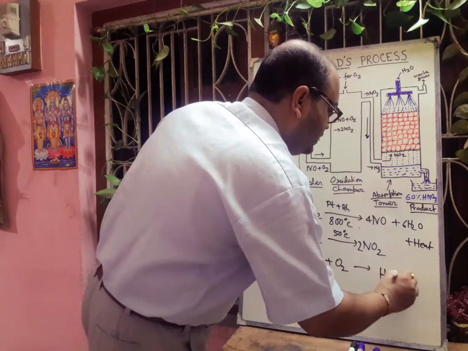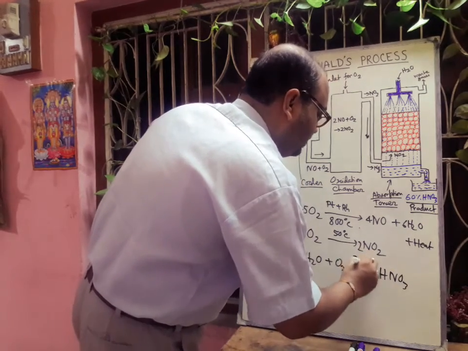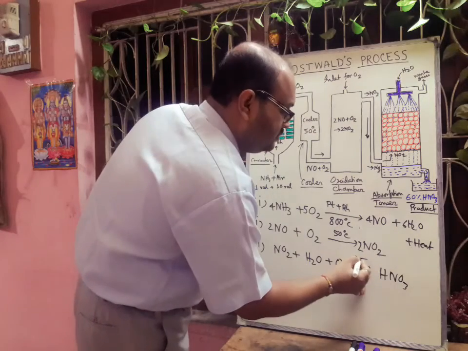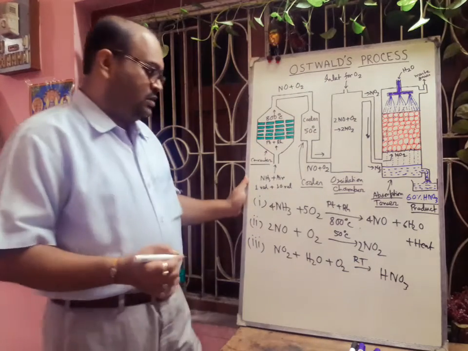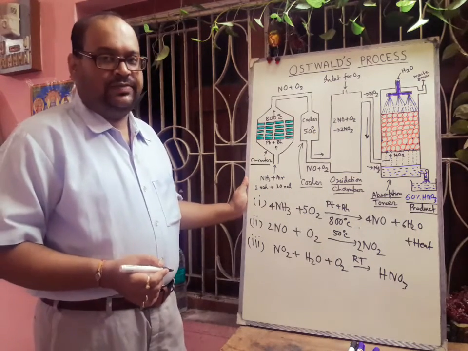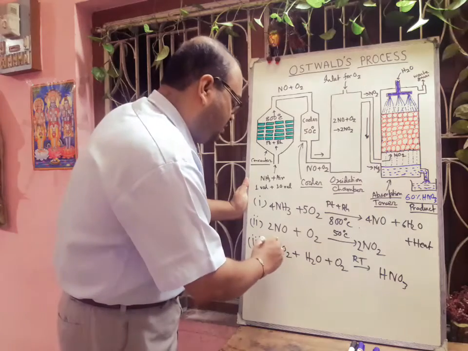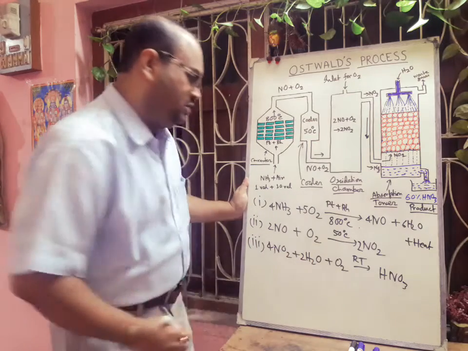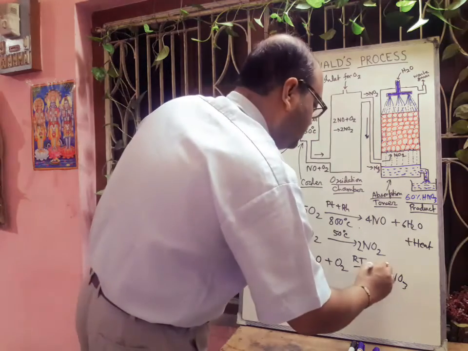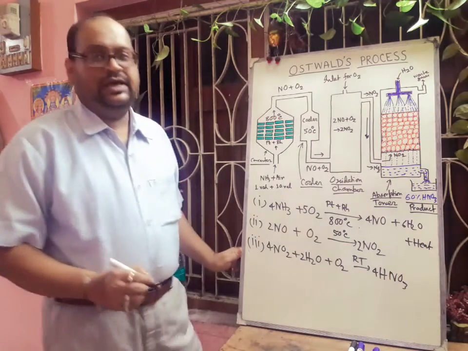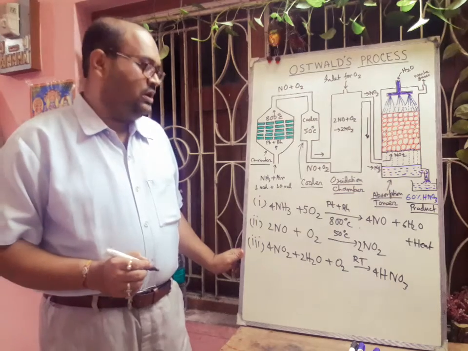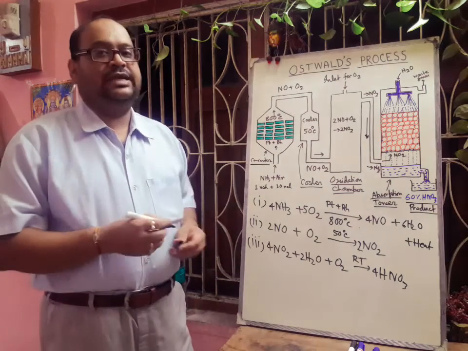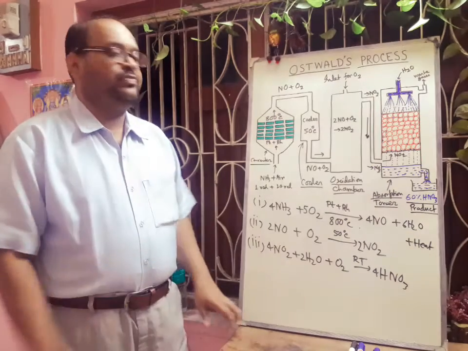This reaction is done at room temperature, around 25 degrees centigrade. If we balance this reaction, 4NO2 plus 2H2O plus O2 will produce 4HNO3. So these are the three basic reactions for the preparation of nitric acid by the Ostwald method.